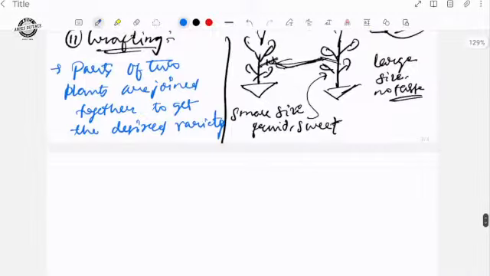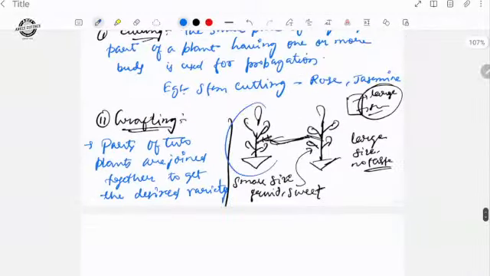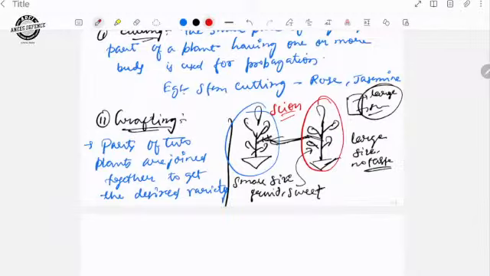See here, the plant which is going to be cut is termed the scion, and the plant in which this cut vegetative part is going to be joined is known as the stock. Understood? These two terms can be asked; this question came in the NEET exams. You should remember this also.